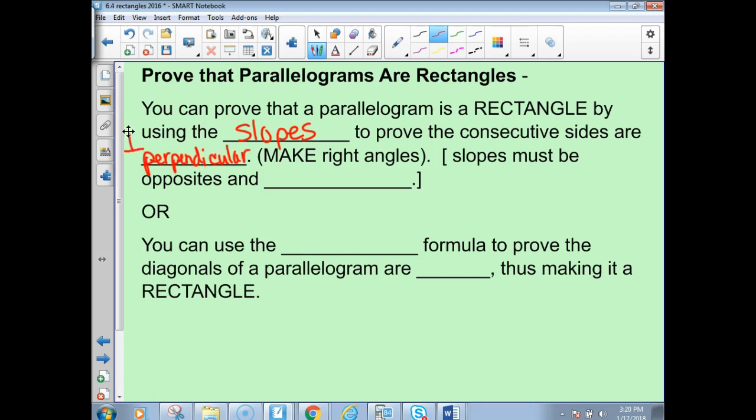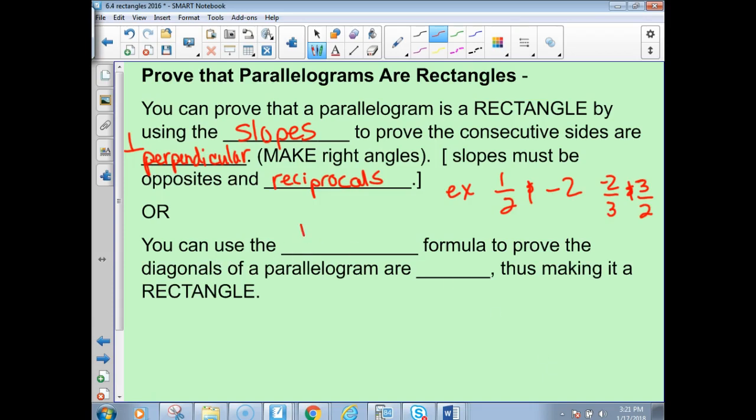They make right angles, or the slopes must be opposite reciprocals for that to be the case. Examples: 1/2 and -2, or something like -2/3 and +3/2. Okay, those are examples.